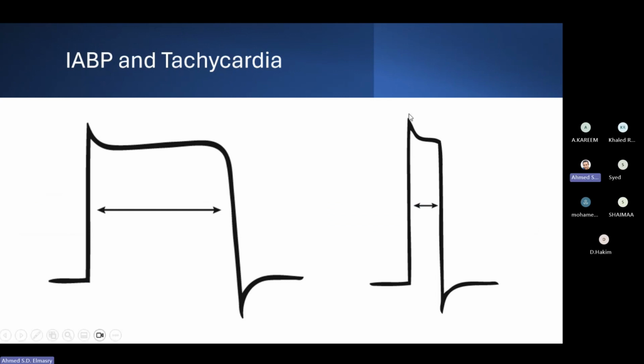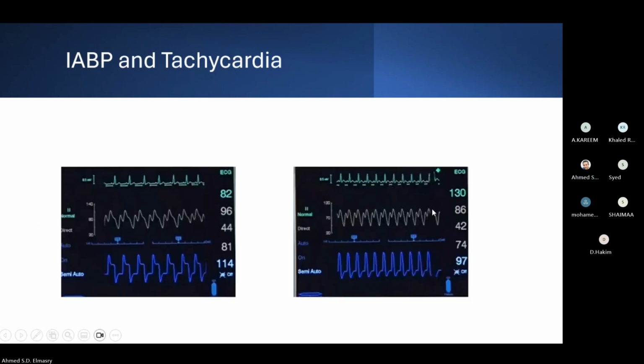As we see here, to understand the effect of tachycardia, this is the normal timing for the balloon inflation in a patient with a normal heart rate. And this will be the inflation timing of the balloon during the tachycardia. As you see here, the diastolic time is much prolonged, and here the diastolic time is much shortened.